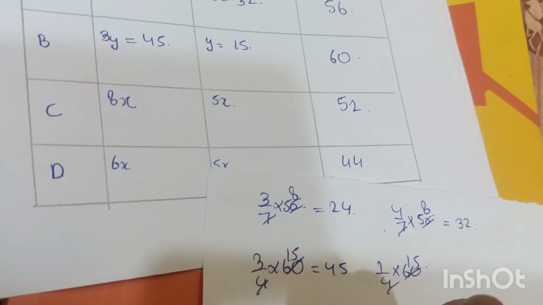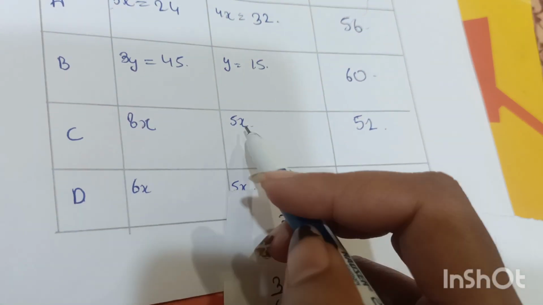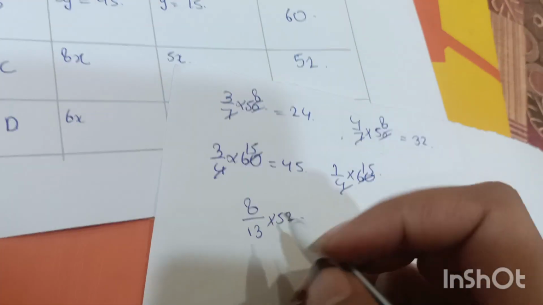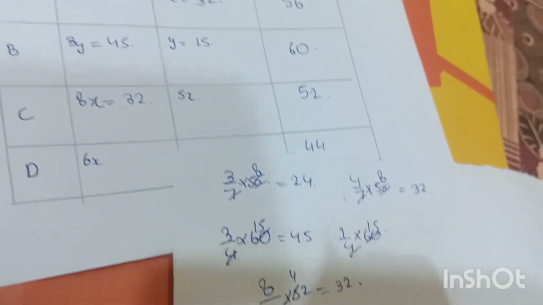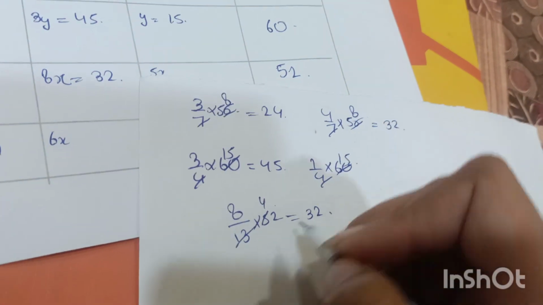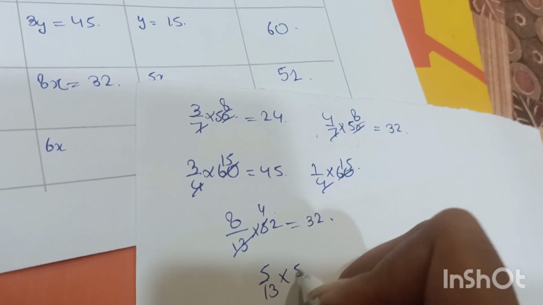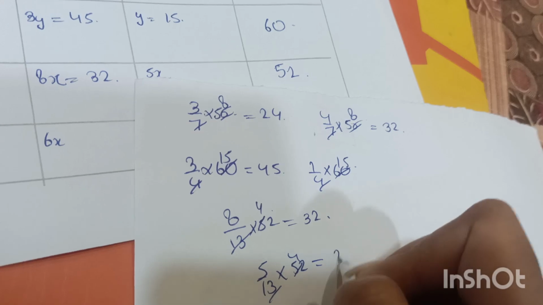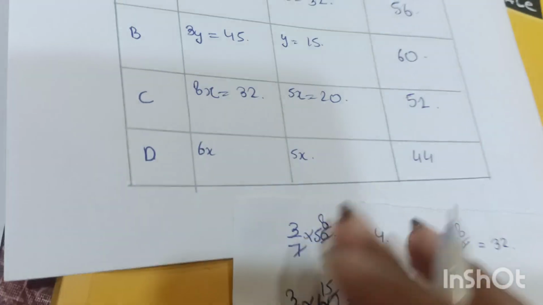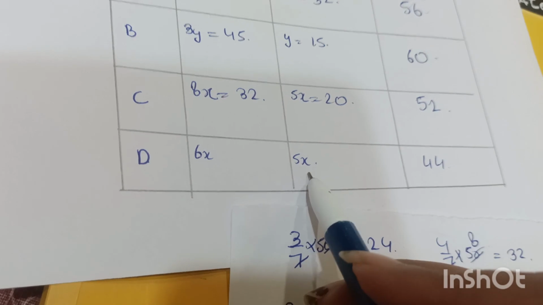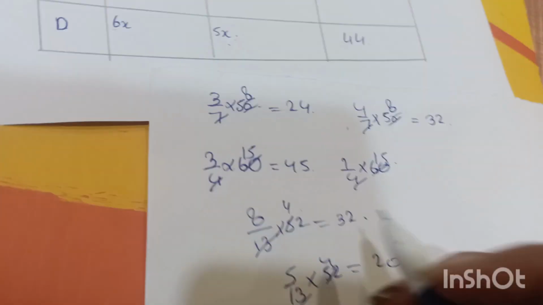Okay, so now for this, 8/13 into 52. 8 plus 5 is 13. So you'll get 4, and the value 32. Then 5/13 into 52, you'll get 4, you'll get 20. Then over here, 6/11. 6 plus 5 is equal to 11.